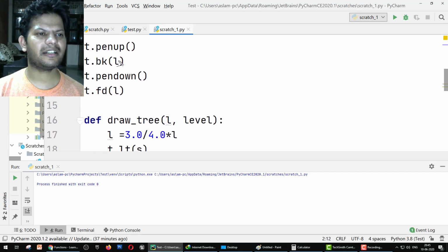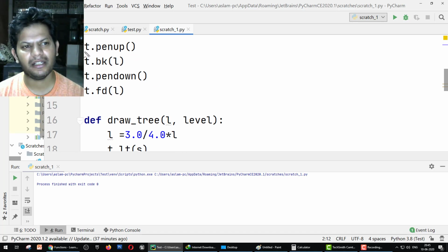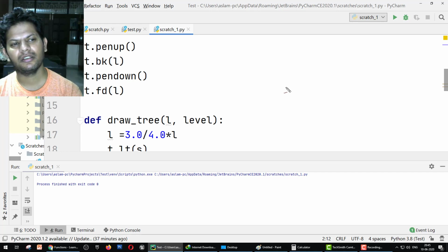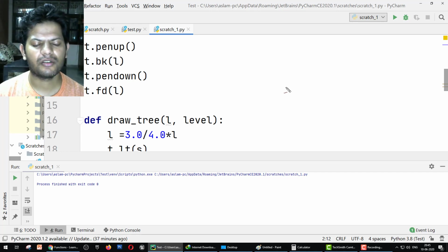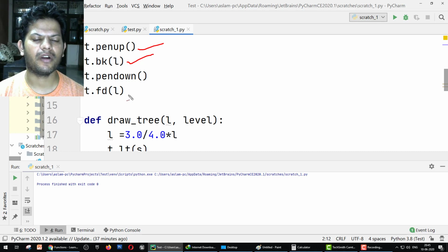The next is t.penup, backward. Okay, t is my turtle, t is my pen. Pen up means the pen is up from the paper, and doesn't draw. When the pen is moved, then the pen is not able to draw. That's why pen up. And backward, how much distance? L distance. And pen down and forward, L distance.